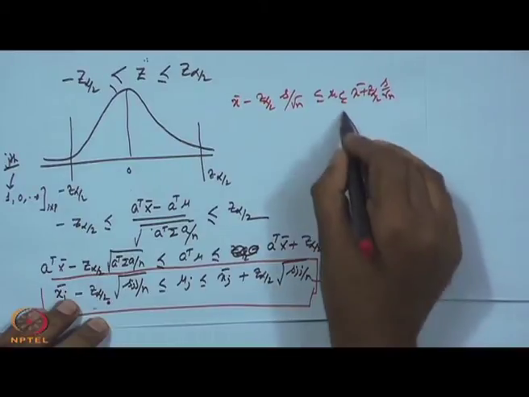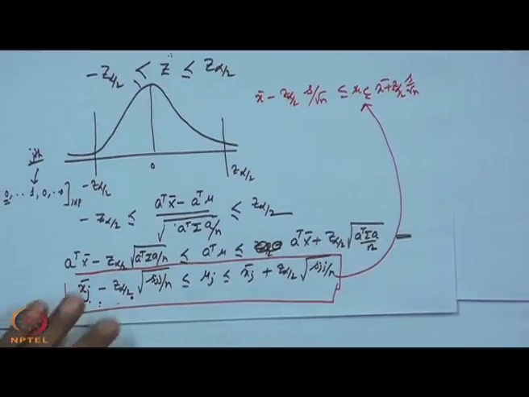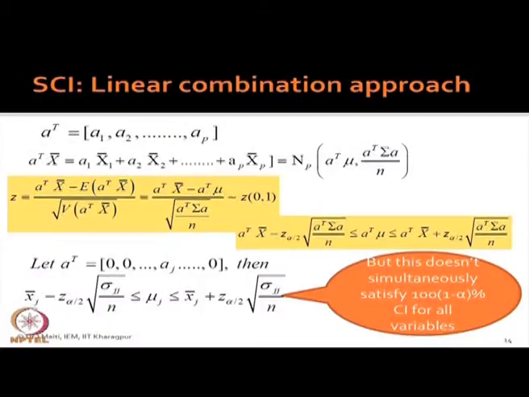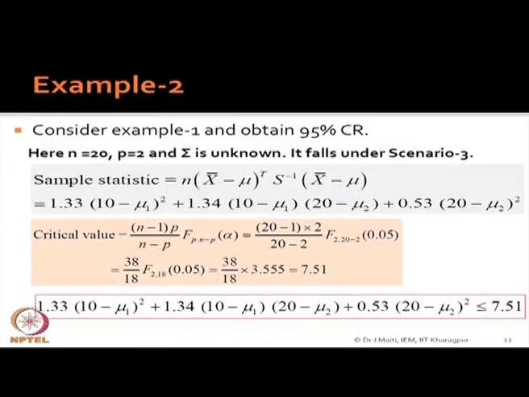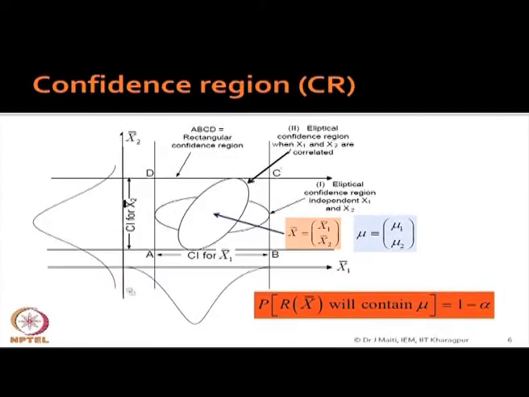There is no difference between these two. If there is no difference, then ultimately where are you landing? You are going back to the individual interval a b for x 1 bar, that is for mu 1, and a d for mu 2.